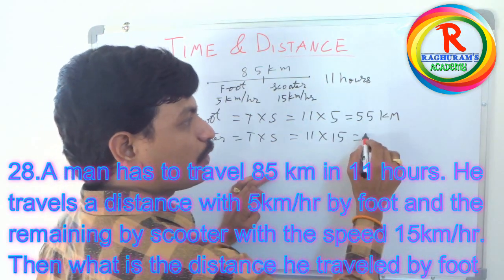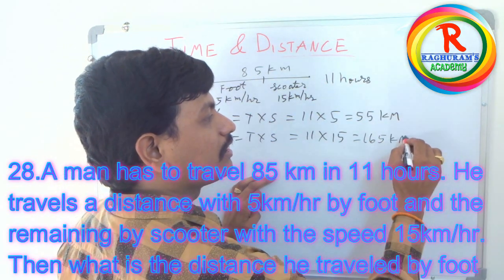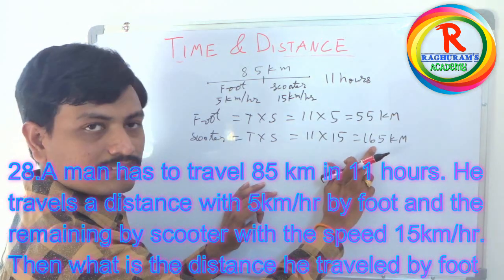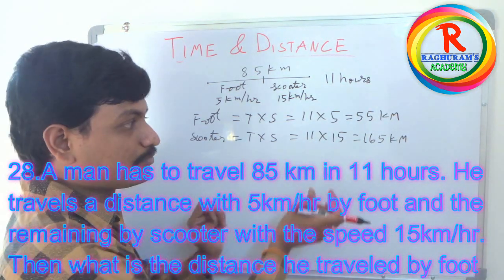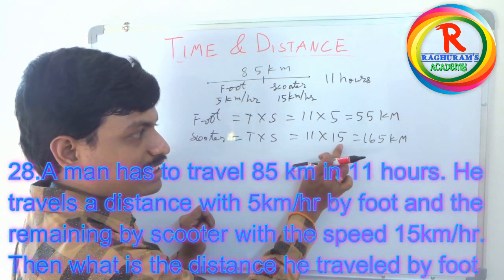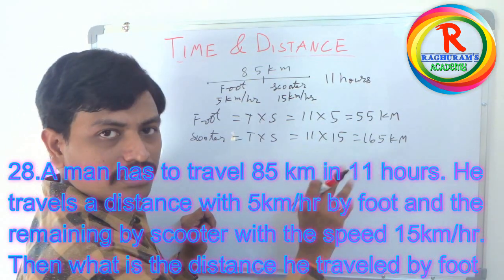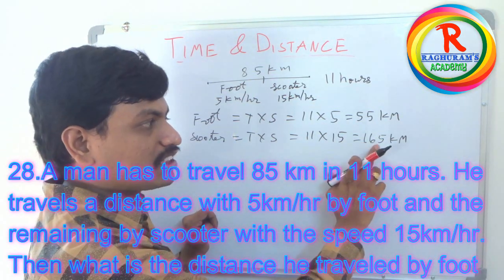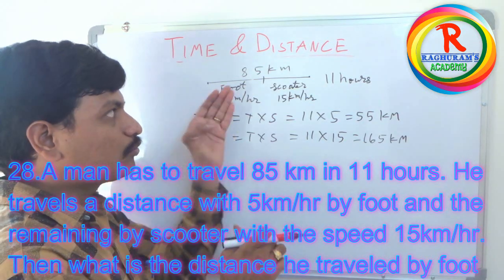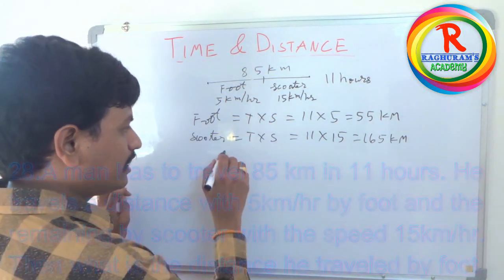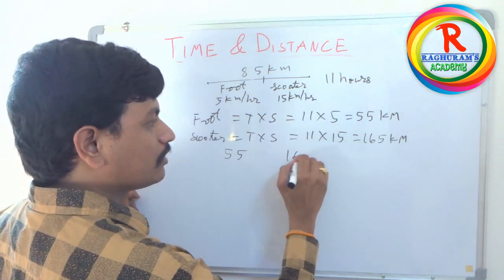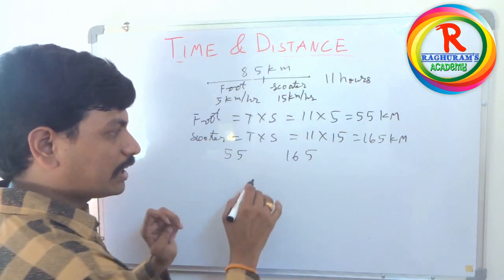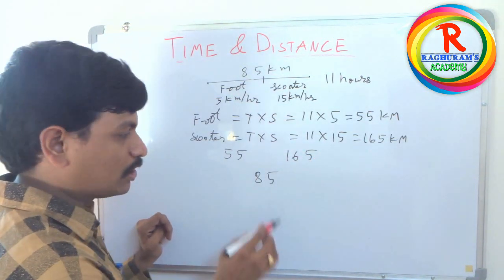So 15 elevens, 165 kilometers. So the shortcut: 1 plus 5 is 6. So like this we can calculate directly. 15 into 11, 1 plus 5 is 6, put in middle, 1, 5. That's the speed mass. So 165 kilometers, but he needs to go only 85 kilometers. So just write 55, 165, but he has to travel only 85 kilometers.